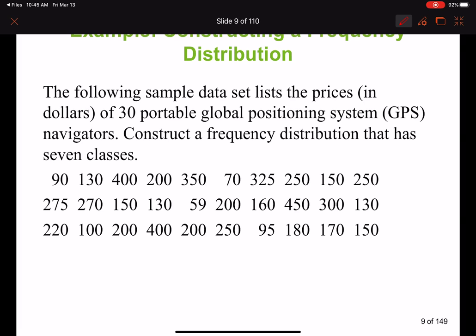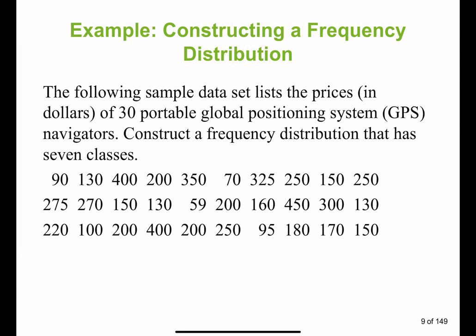It must be the latest slide 8, because here we have slide 9. So, example, constructing a frequency distribution. What do we have? It's a business example. Let's assume we have a sample of 30 GPS units.